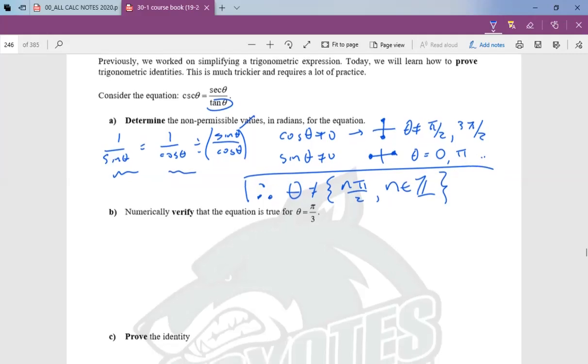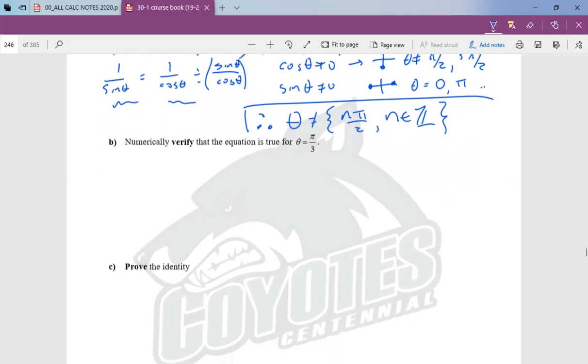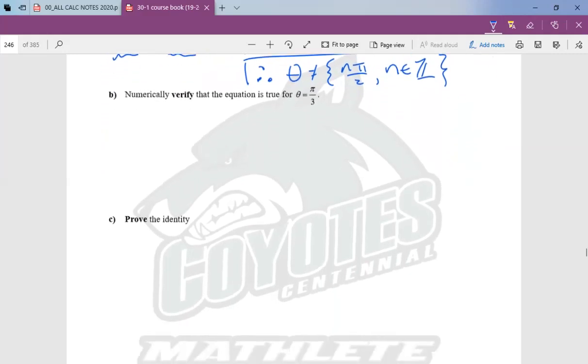So those are restrictions. We're going to start off by verifying that this equation is true for theta at pi thirds. So our LS is cosecant theta. In this verification, it's cosecant pi thirds.